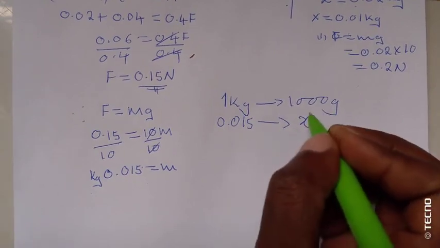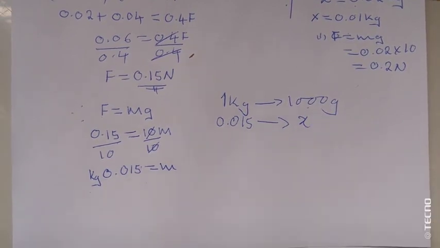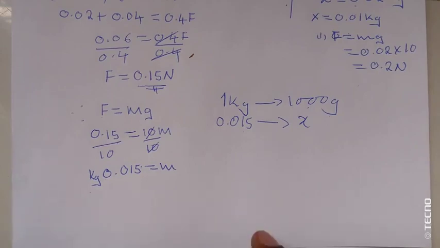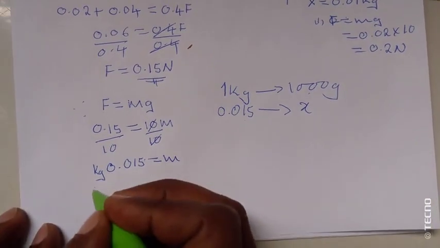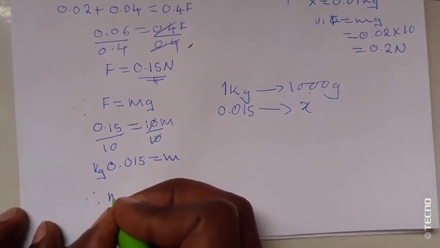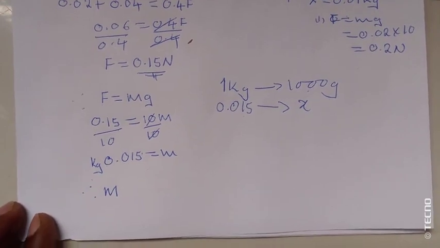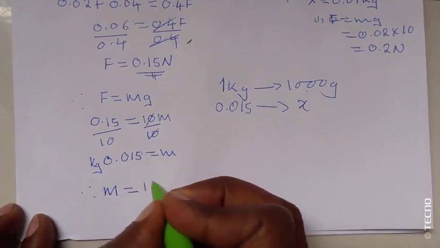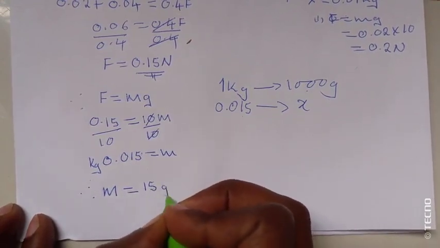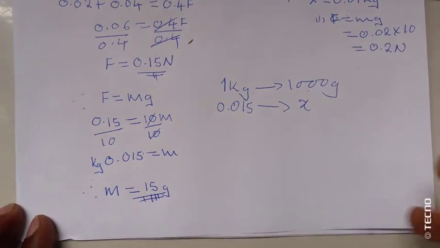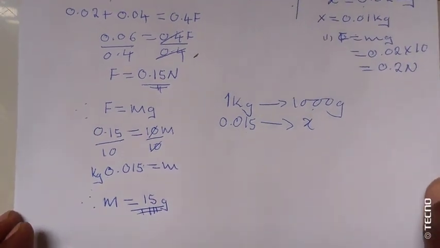So once you multiply this times 1000, your answer is 15. So therefore our mass, M, which is mass in grams, is equal to 15 grams. So this is the required answer according to the way the question has been asked.